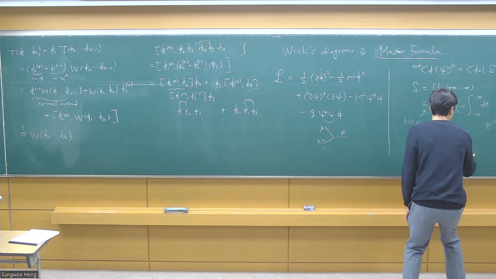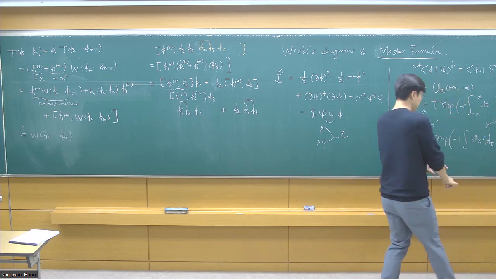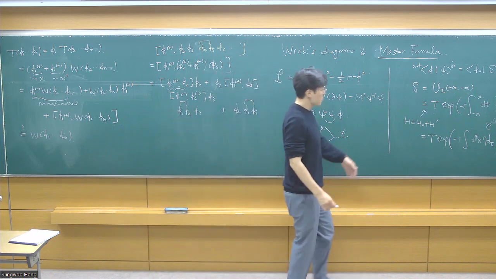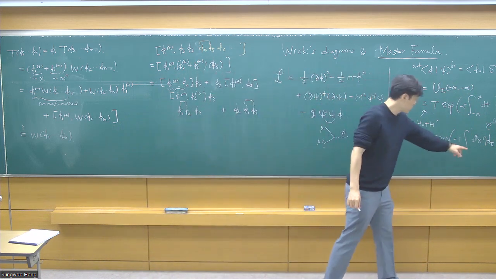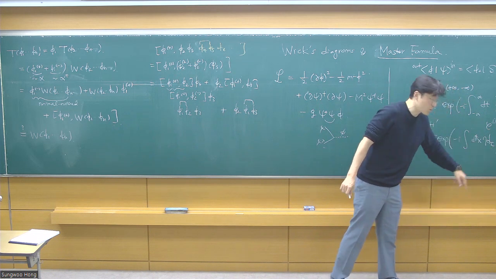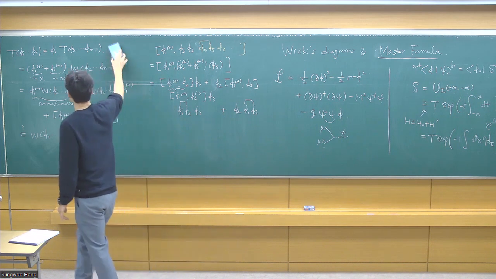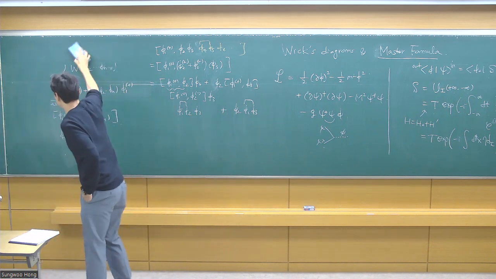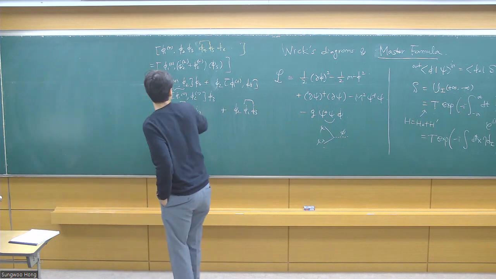From now on, we're going to stick to this expression. And the goal is to learn how to compute this. And remember, it's good to have this expression because now I have a notion of expansion in powers of the interacting Hamiltonian.